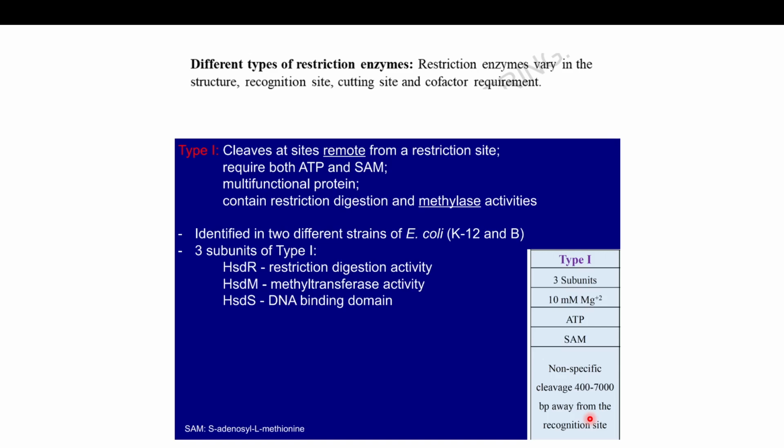The reason for this might be that there are these three subunits. Once it is recognized, it will bind at some point using one subunit, and the other subunit can reach that part, or the DNA can loop and come into the vicinity of the R subunit, so that restriction activity, or digestion, can take place on that particular DNA sequence.